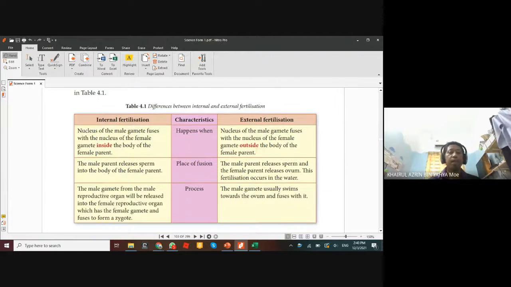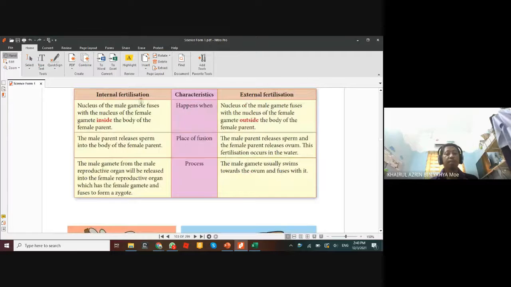In internal fertilization, the nucleus of the male gamete fuses with the nucleus of the female gamete inside the body of the female parent. Inside the body of the female parent, the female for animals. While for external fertilization, the nucleus of the male gamete fuses with the nucleus of the female gamete outside the body of the female parent.